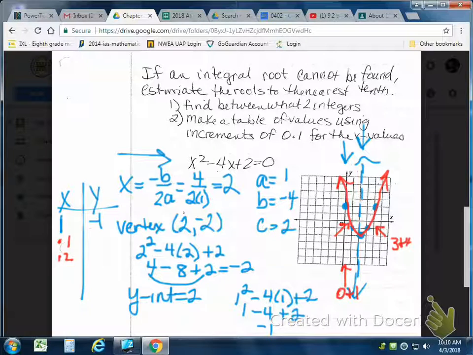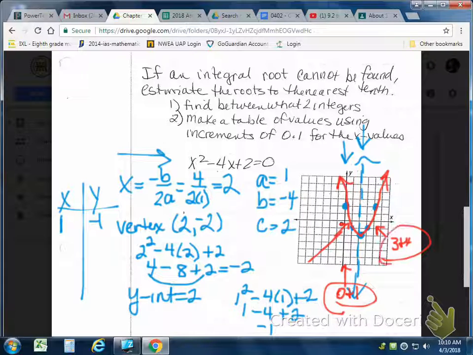All right, so now what's going to happen is I've assigned you values to try so that we can do the estimation. All right, so I have assigned all of you a 10th. We know that it crosses somewhere on this side, we said between 0 and 1.